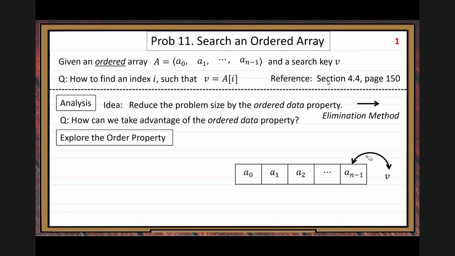What is the first element in the array we want to pick for the first comparison? The question is, which one is the best in the sense of elimination? Maximum number of elements to be eliminated. In that sense, the best.